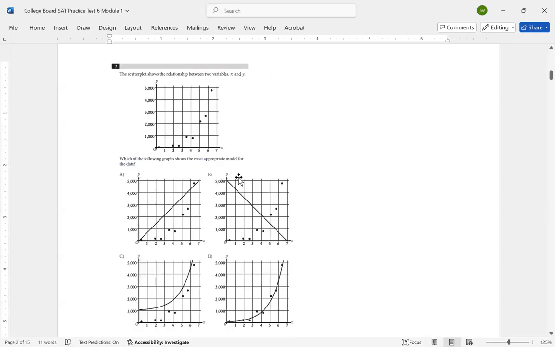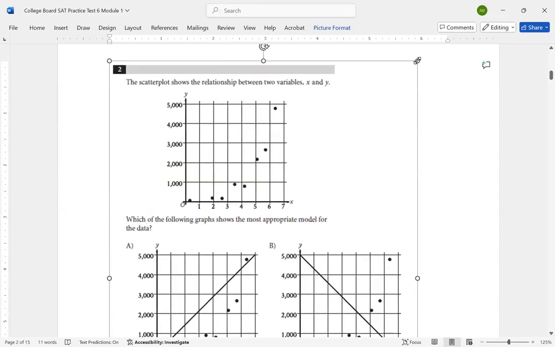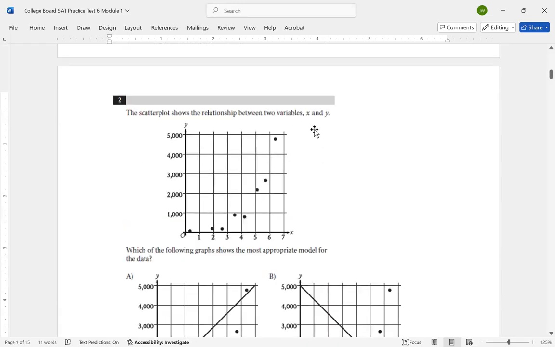Let's take a look at problem number 2. I'll expand it out. The scatter plot shows the relationships between variables X and Y, and it gives us a scatter plot with some points. Which of the following graphs shows the most appropriate model for the data?